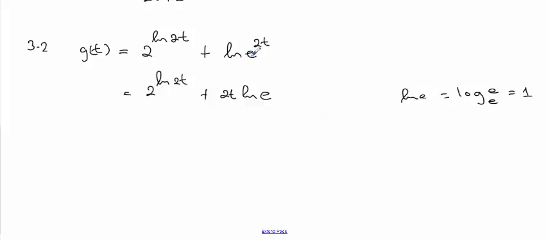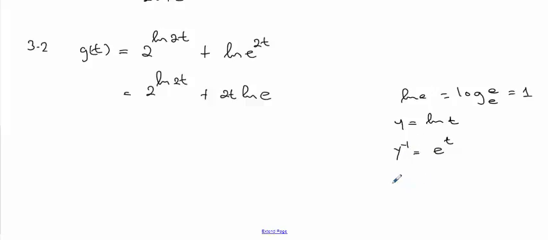That's one argument you can use here. The other fact is, remember, if you've got a function y equals ln t, then the inverse is e to the power t.